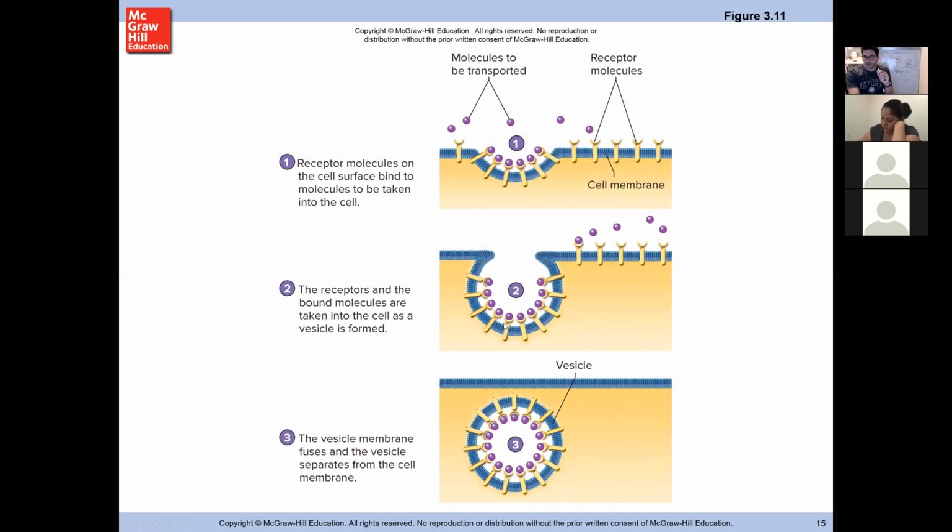But each of these proteins will respond to that and trigger a process that has them fold in on themselves like this and create a little vesicle. This is how cells are going to be able to bring in nutrients from their environment to satisfy their own metabolisms. So this is a good example of endocytosis, more specifically receptor-mediated endocytosis.